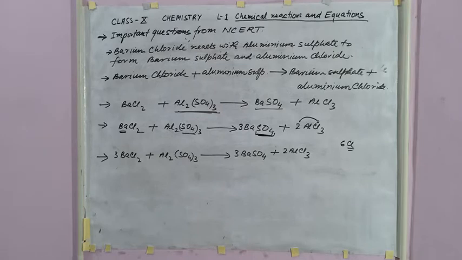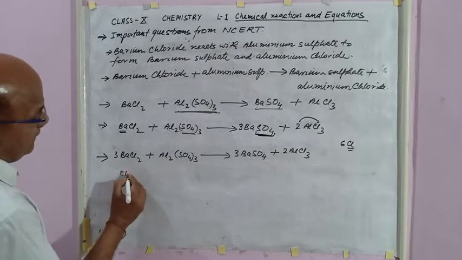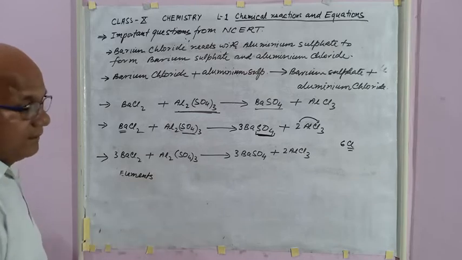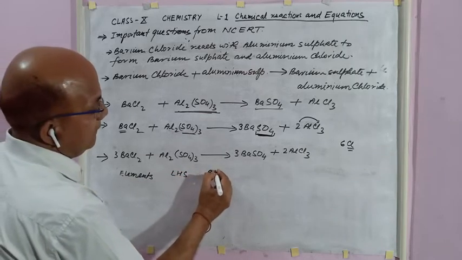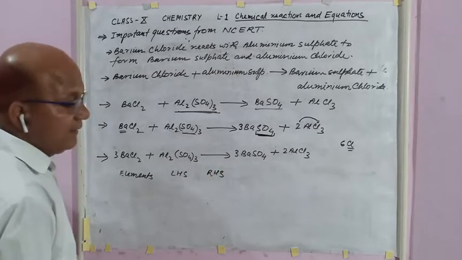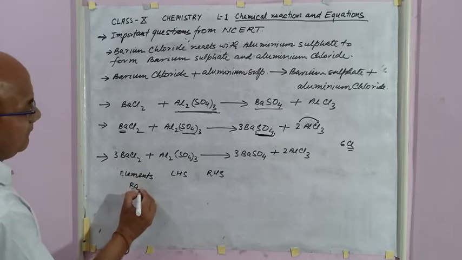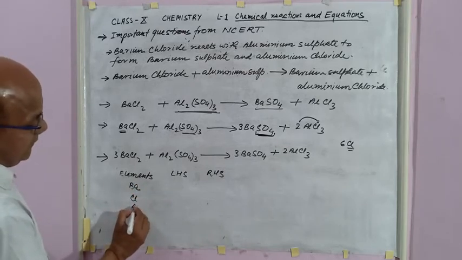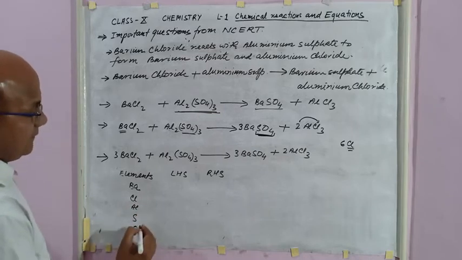Now we can check whether this equation is balanced or not. So elements, left hand side and right hand side: barium, Cl, aluminium, sulfur and oxygen.